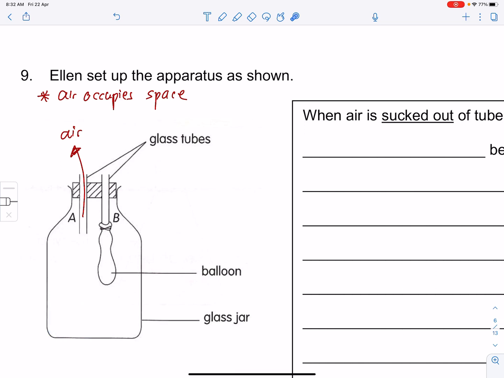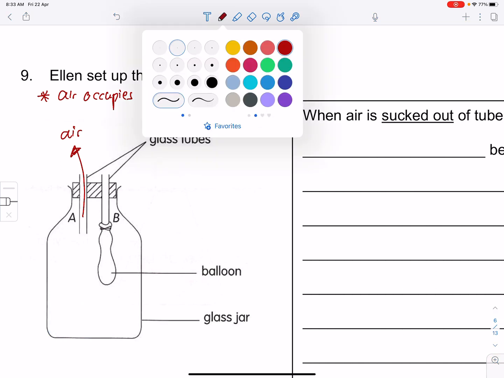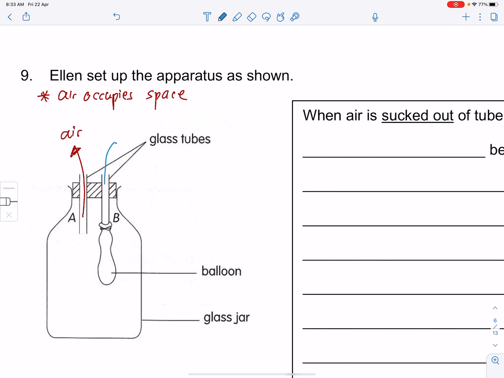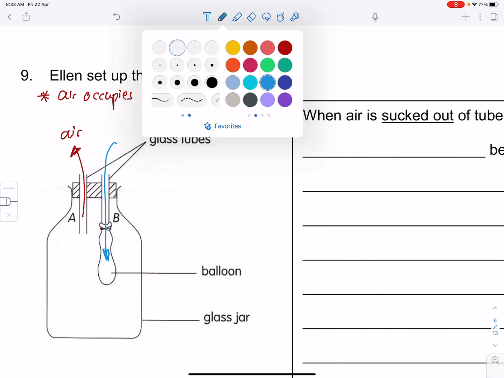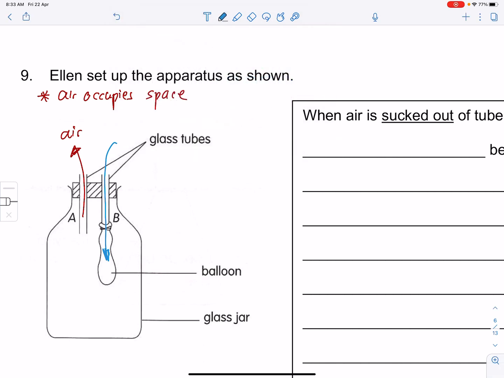So in this case, your air from the outside will actually enter your balloon, whereby your balloon would then inflate, become bigger. This is actually to take up the space that was previously occupied by your air that has been sucked up.